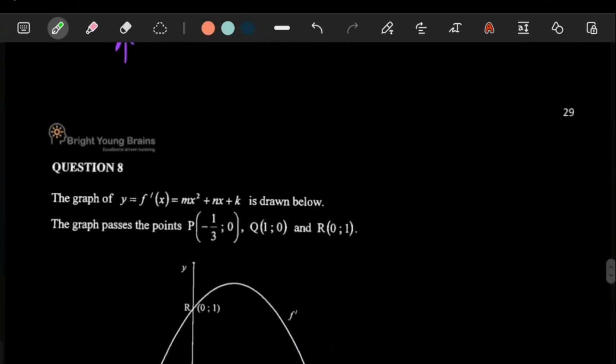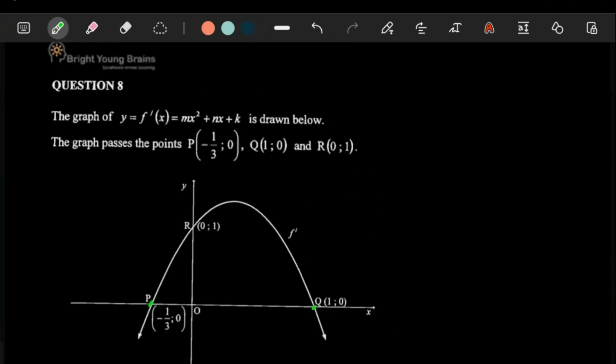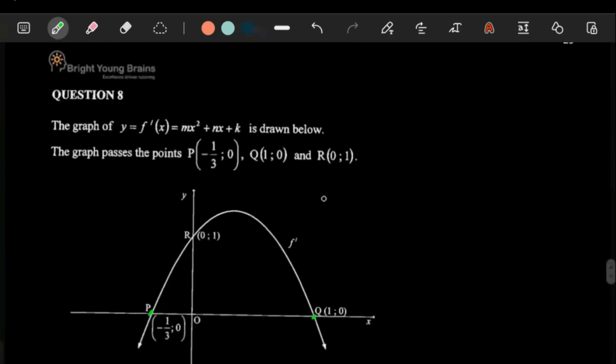And let's put it this way. Firstly, the y values of this graph give you the different gradients of your original function. So what I mean is, your original function is a cubic function, right? f(x) = ax³ + bx² + cx + d.